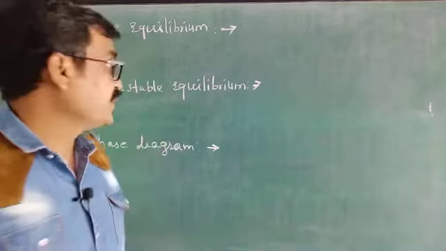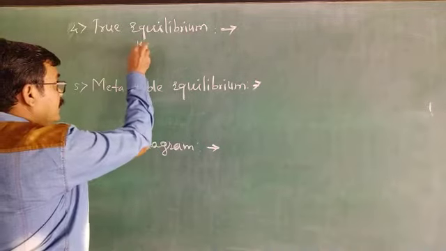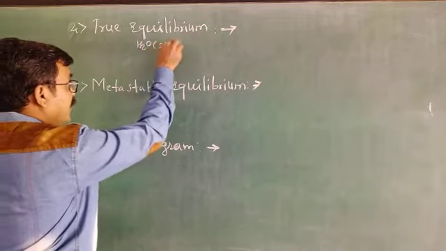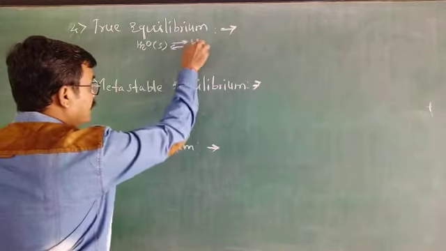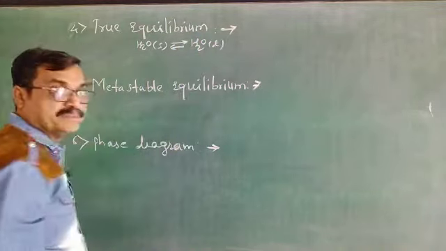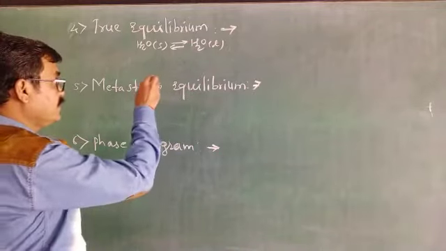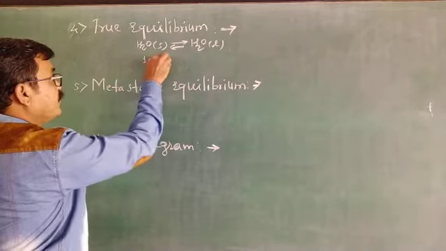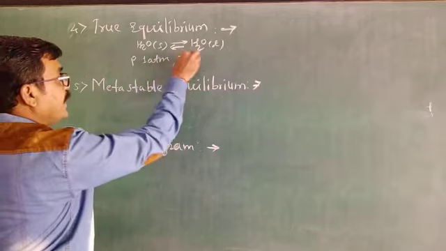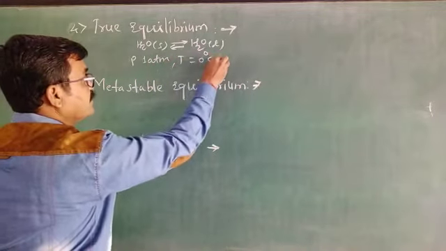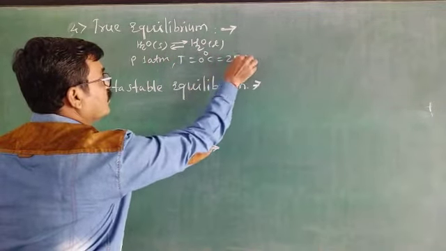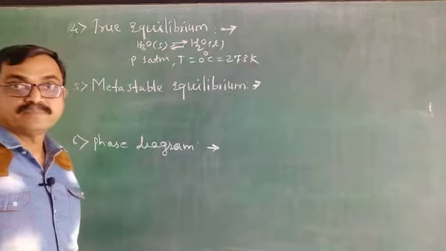If we consider water, the equilibrium of ice and liquid water is attained at a pressure of 1 atmosphere and a temperature of 0 degrees Celsius, that is 273 Kelvin.